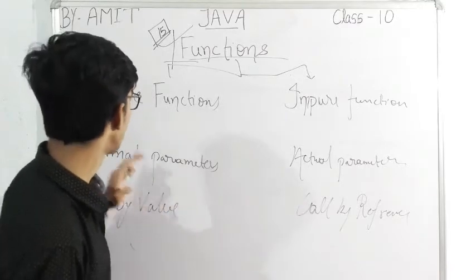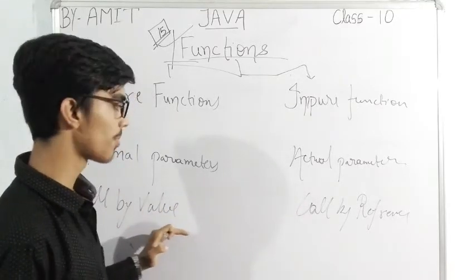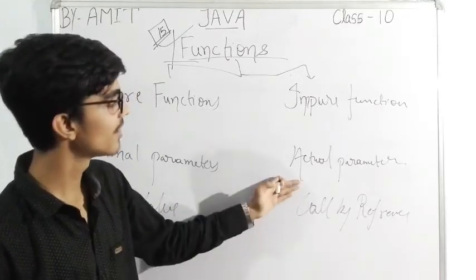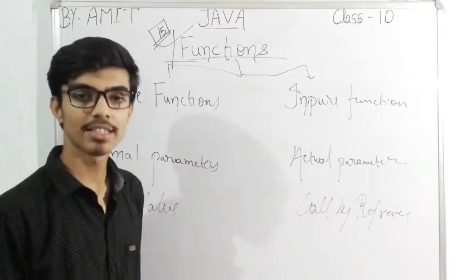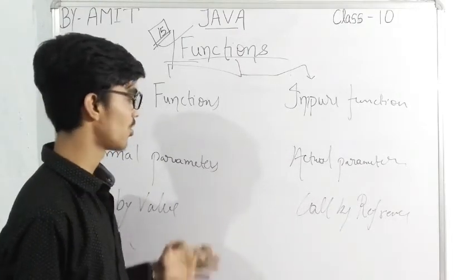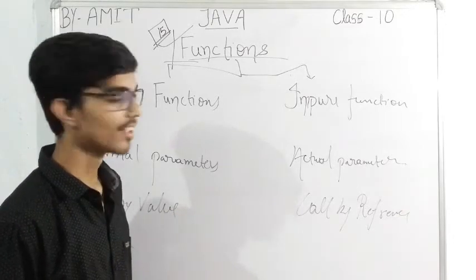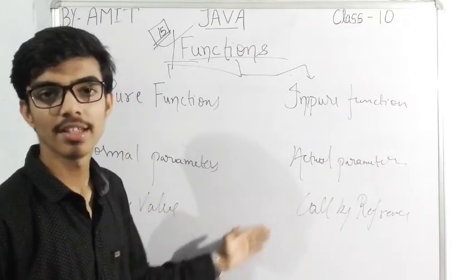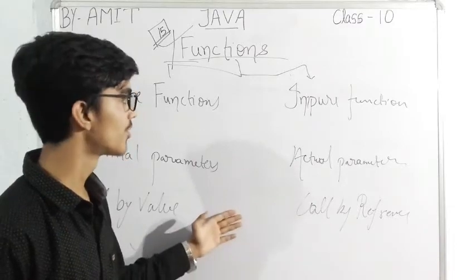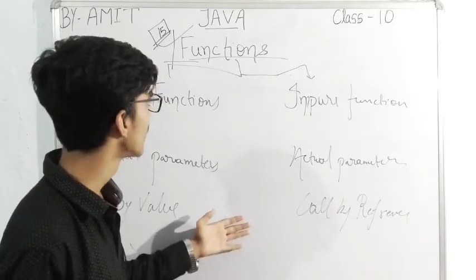The information and PDF file of this are available in the description box. Do go and see that. You will find the PDF of these and important notes, so download it from there.